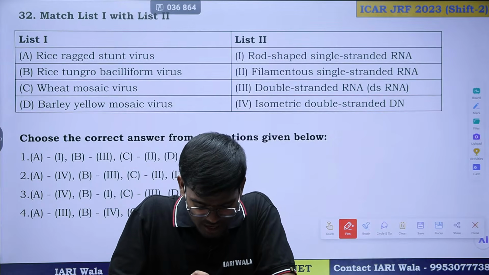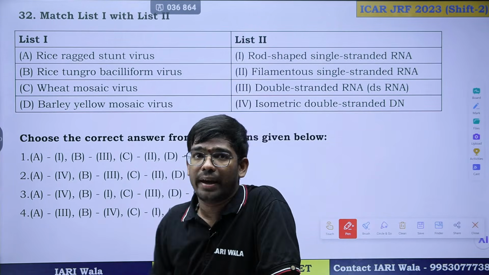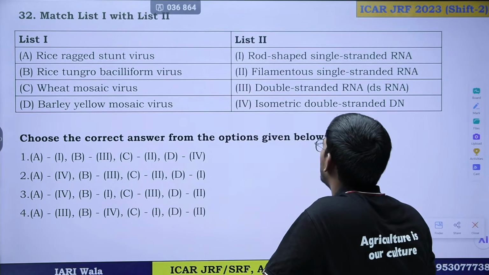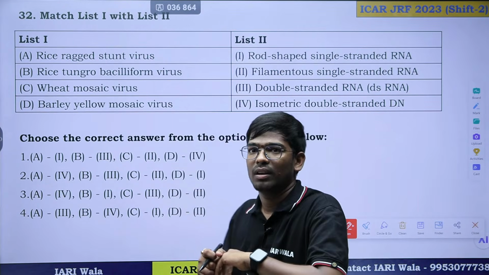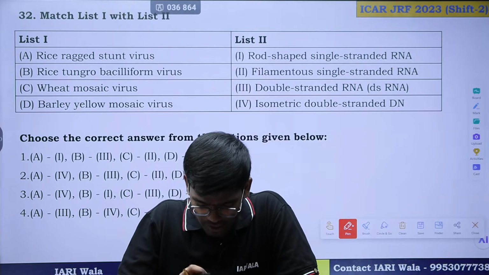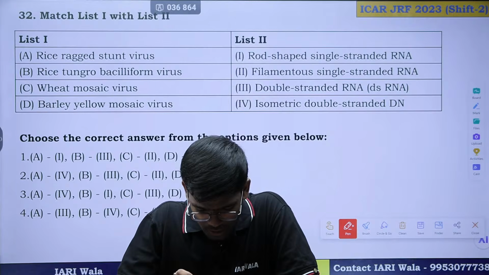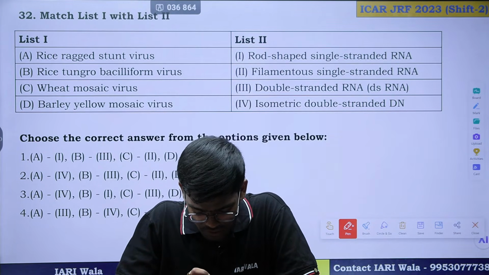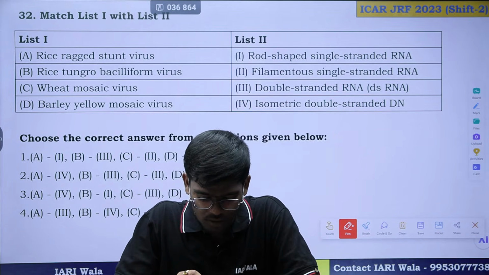Gaming Confident, A. Let's check whether it's A or not. Here again they were giving the virus. Okay, different answers we are getting. Neil Patel D, Sudha 4, but Gaming Confident gave A two times. Let's check whether it's correct or wrong.